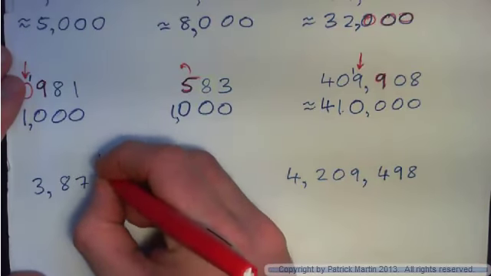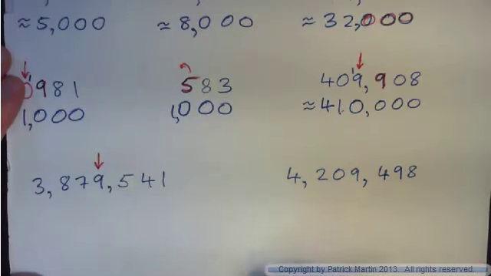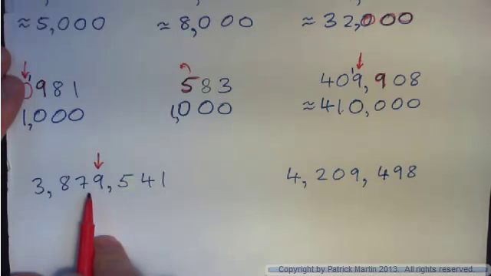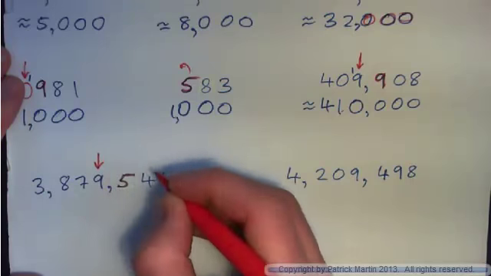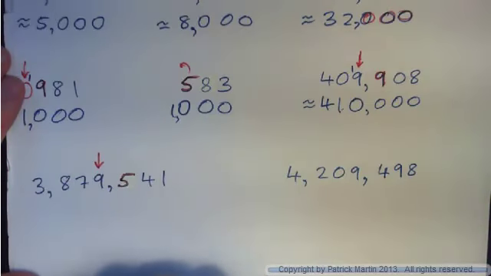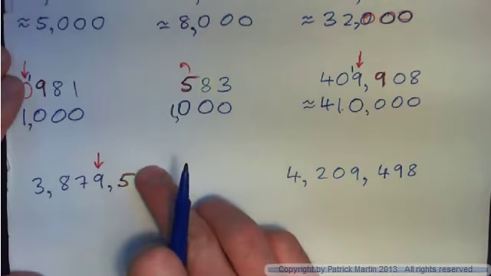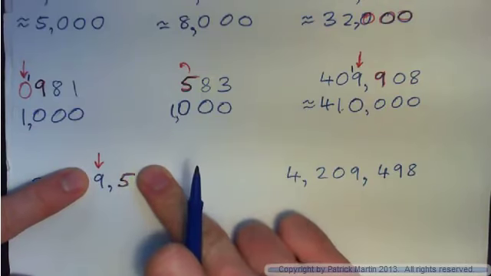It's here, right? And what digit comes after that? 5, right? So do we round up or down? We've got basically 95 there.